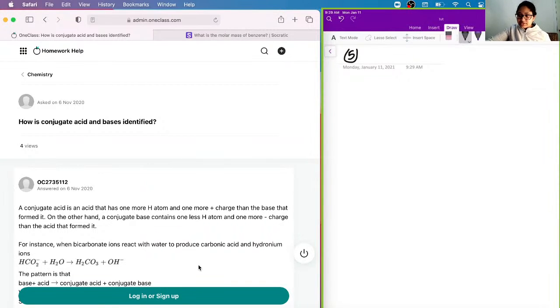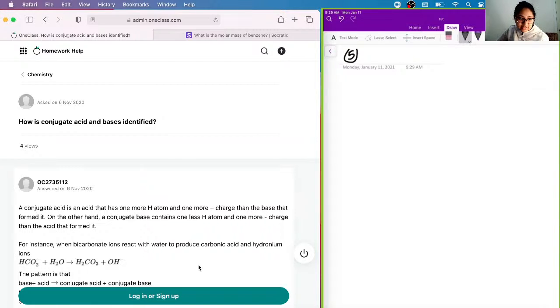Okay. So our next question says, how are conjugate acids and bases identified? Basically, a conjugate acid is an acid that has one more hydrogen atom and one more plus charge than the base that formed it.